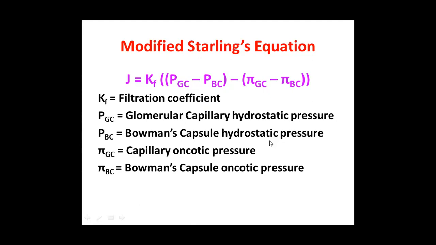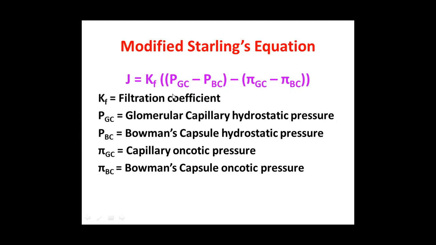So Bowman's capsule oncotic pressure is virtually zero. We can ignore that, and accordingly we can rewrite the Starling's equation, ignoring pi BC, as J equal to Kf times PGC minus PBC minus pi GC. Simple. So that is the modified Starling's equation.